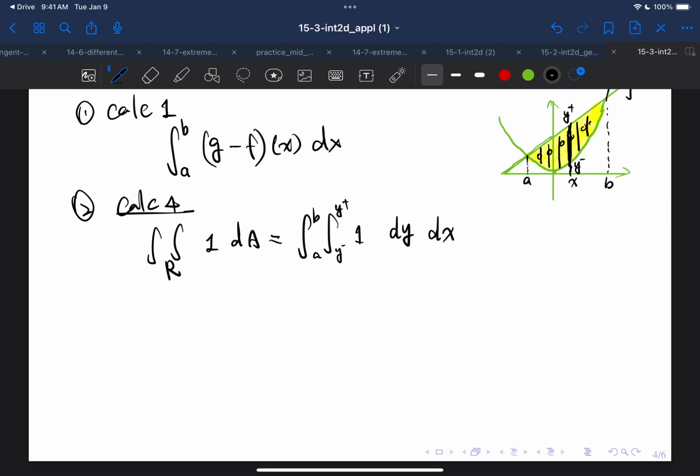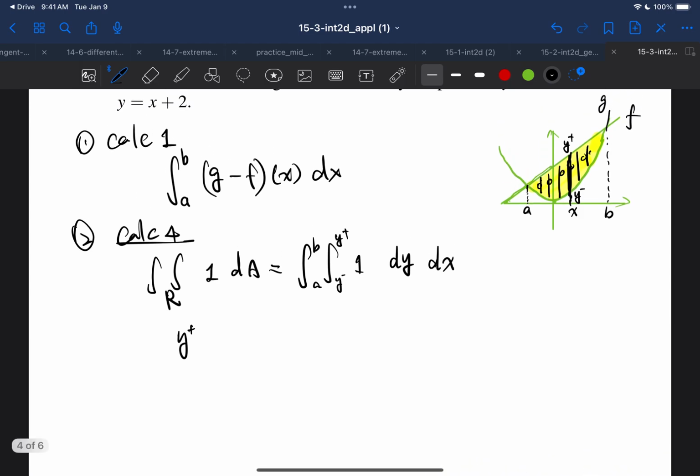Let's look from the inner side at what y plus and y minus are. y plus is a point on f. f is given by x plus 2, right? So y plus satisfies y plus equals x plus 2. y minus, where is it?